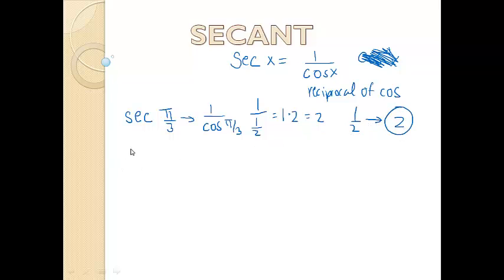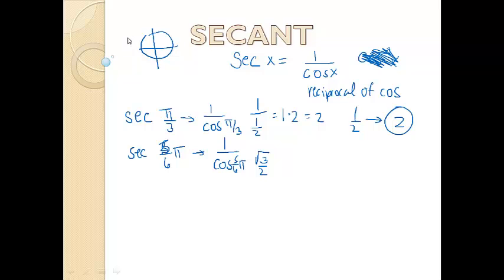Okay, the next one, let's say we had secant of 5/6 pi. The first thing I know is it's going to be 1 over the cosine of 5/6 pi, so it's the reciprocal of the cosine of 5/6 pi. The first thing I need to do is figure out the cosine of 5/6 pi, and I'm going to draw a unit circle up here so I can reference it. The cosine of 5/6 pi has a reference value of square root of 3 over 2.